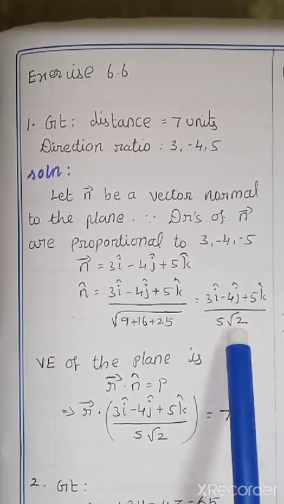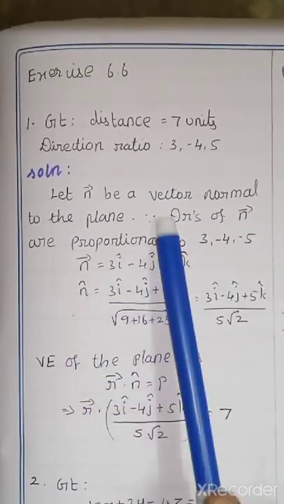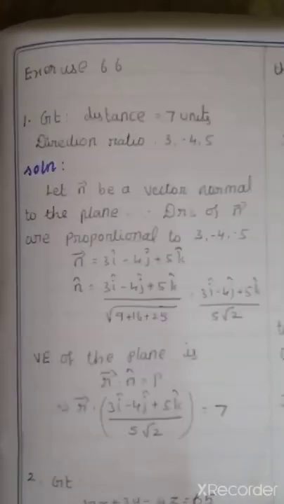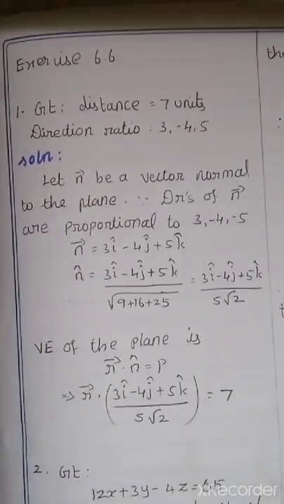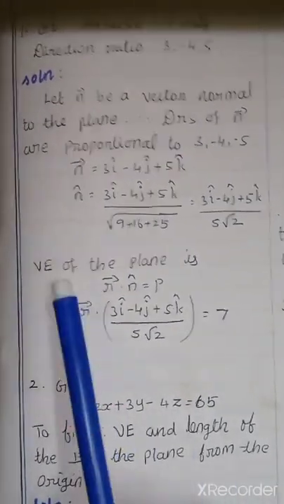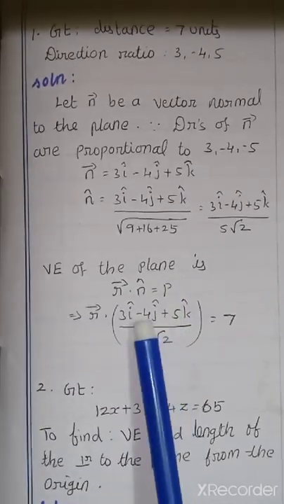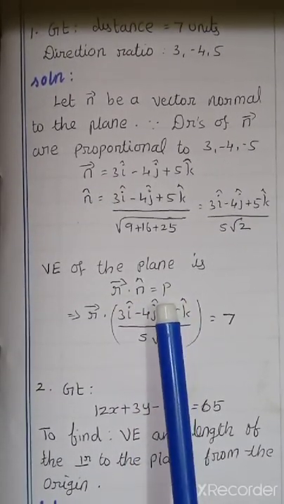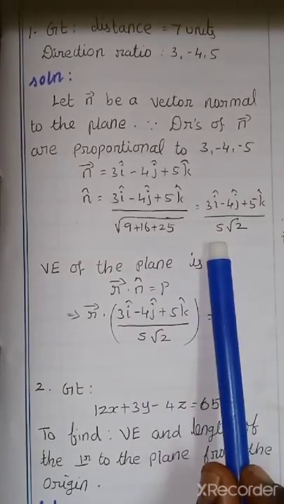Is that clear? Now we know your n cap and we know our distance. Now we have to use the formula and find the answer. So your vector equation of a plane is r vector dot n cap equal to p. N cap we found out here.